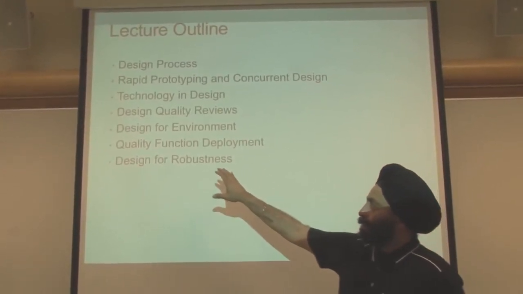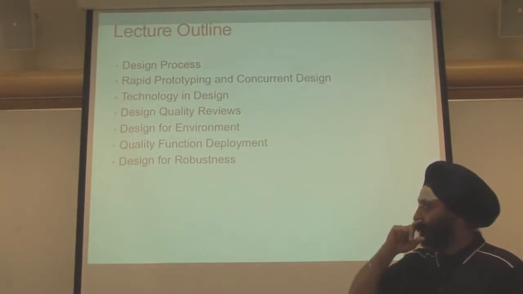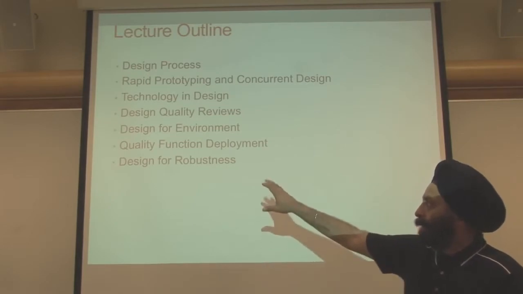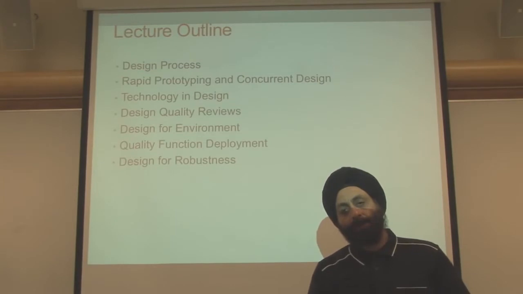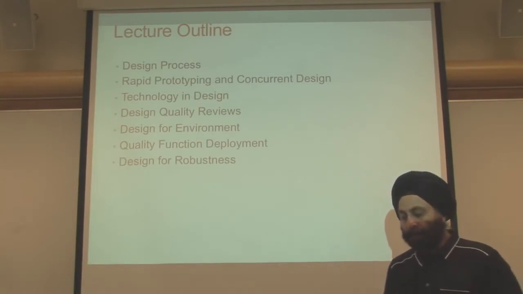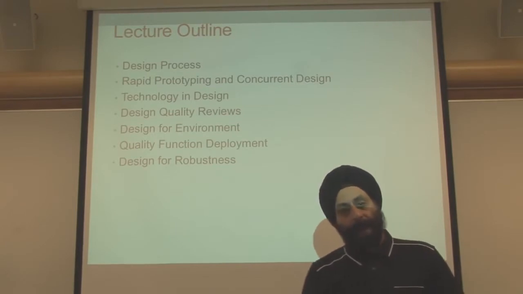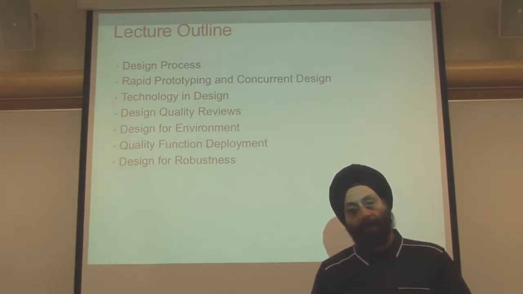One of them is quality function deployment, or house of quality. So that's something we'll be addressing in this chapter. And then finally, look at design for robustness. That's where Taguchi loss function comes into looking at products that still deliver value and good output even with extreme conditions.